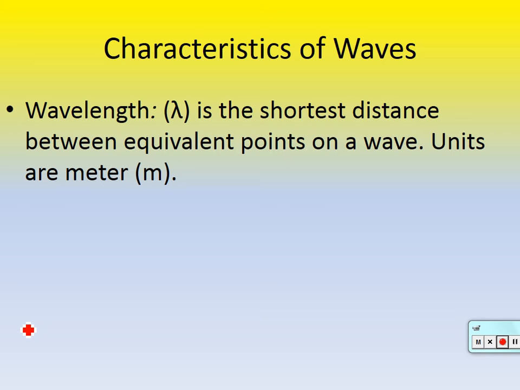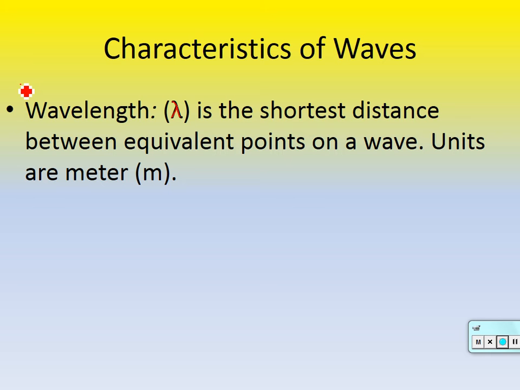A wavelength is given this symbol. It kind of looks like an upside down Y, but it's called lambda. Okay, it's another Greek letter, lambda. It is the shortest distance between equivalent points on a wave. Units are measured in meters. So we're using the metric system, so we don't measure it in feet or inches.